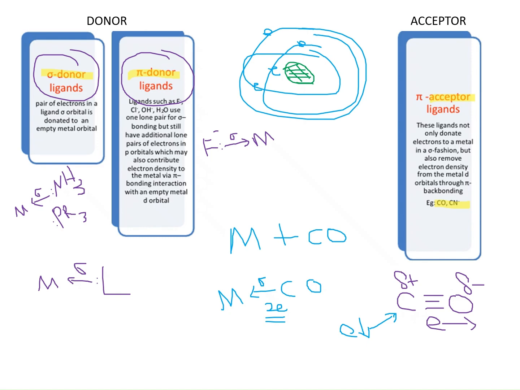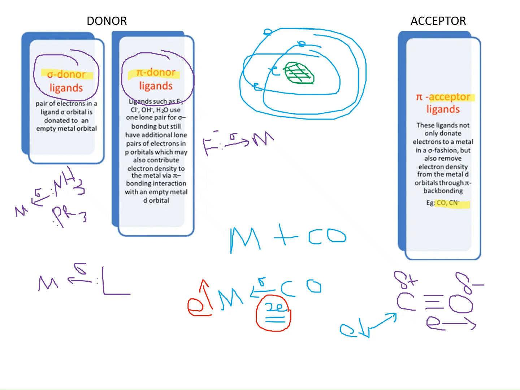The d orbital of that metal already has its own electrons. By accepting 2 electrons from carbon monoxide, this adds electrons to the d orbital of that metal, which results in an increment in electron density in the d orbital. When that happens, electrons will repel each other. There will be a greater electron-electron repulsion.